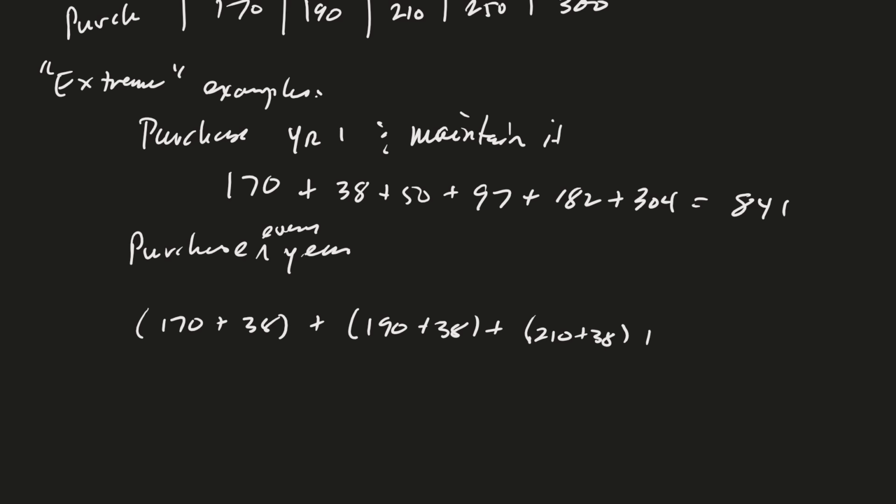You get the idea. Plus 250 plus 38 plus 300 plus 38. And that's going to be equal to 1310. That's the expensive one, right? So we should be able to do better than that, of course.